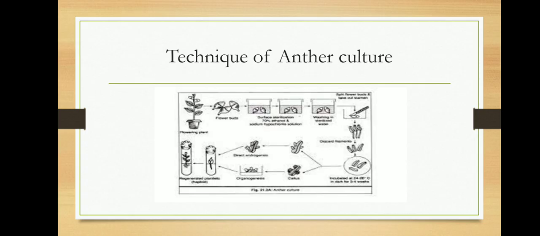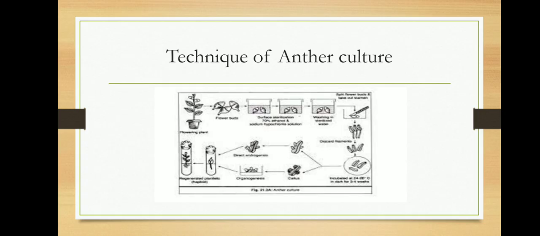And these cultures are then maintained in alternating light and dark periods. Here the light period duration is about 12 to 18 hours and the dark period duration is 2 to 6 hours at 28 degrees Celsius. And during the incubation period, in responsive anthers, the wall tissues gradually turn brown.